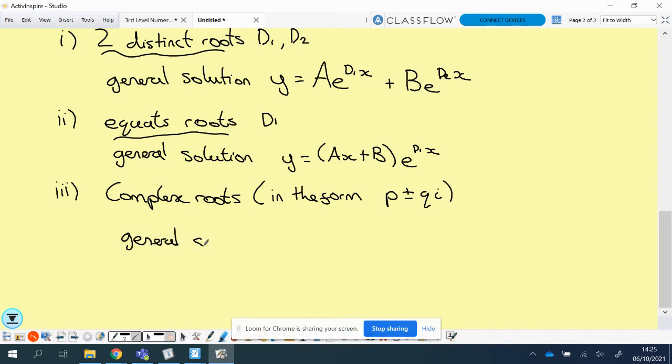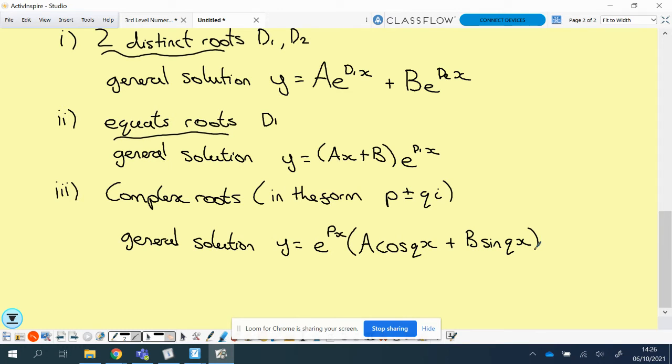How that would look though as a general solution, well, there's a bit more involved with this one. So the general solution would be y equals e to the px. Your real part, the bit that's not got an imaginary number attached to it, would go on the exponential. e^(px) bracket, new constant A, then it's cos of qx plus B sine of qx.